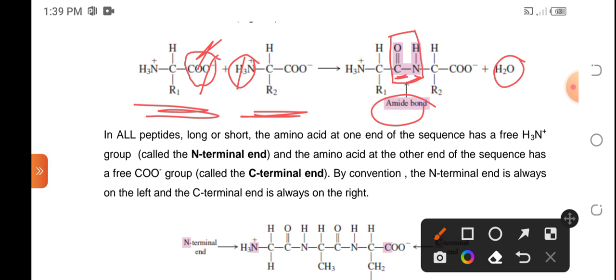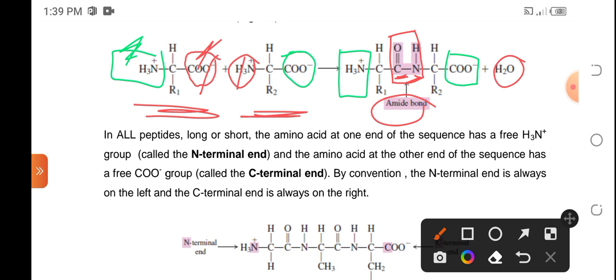Of course, ang hindi involved sa interaction natin dito, yung hindi nag-interact, yung amino or NH3 positive of the first amino acid and of course the carboxyl group of the second amino acid. That's why, kung titignan natin doon sa structure nitong dipeptide na ito, it starts with the amino group of the first amino acid and ends with the carboxyl group of the last amino acid.